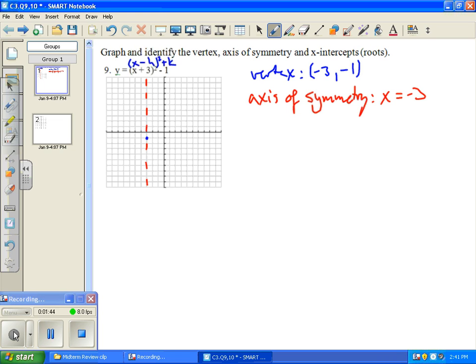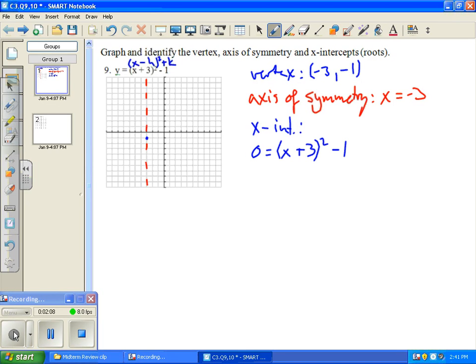Also the x-intercepts, okay, the x-intercepts are where y equals 0, so let's just set y equals 0. So let's just solve that using square root.